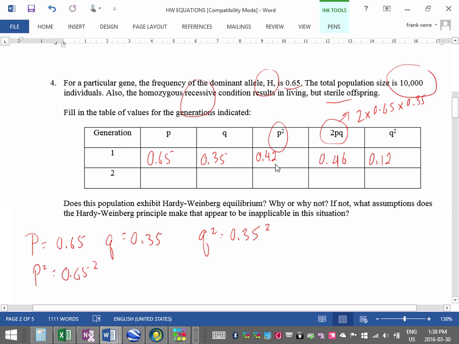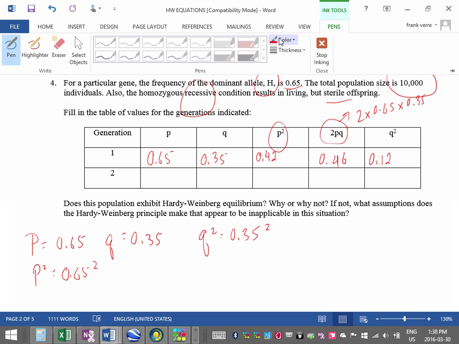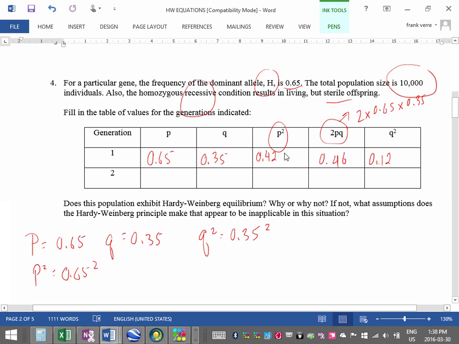You would expect that to be 4,200, right? So this is 4,200 individuals, because it's just the frequency times the actual population. This would be 4,600 individuals. This would be 1,200 individuals, because we have 10,000 in total.